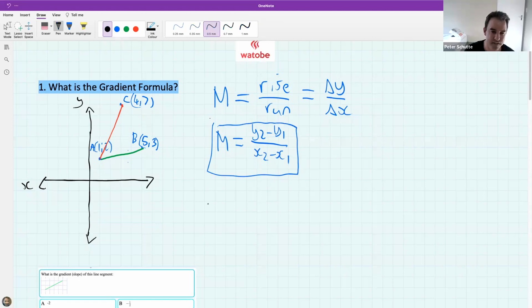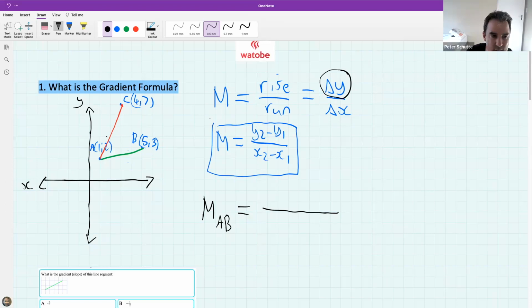If we look to find the gradient between A and B, what are the 2 points that I need to think about? There's 5, 3, and there's 1, 2. And so what I do is I make sure I go to the top. Let me choose a different color, not to confuse anyone. I look at the top and I know the y part is on top.